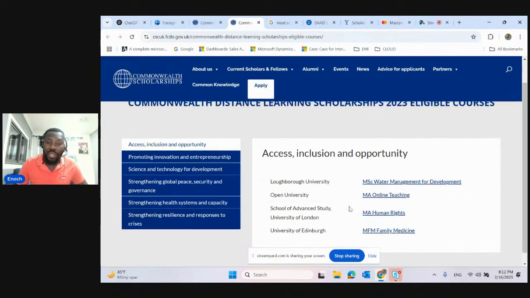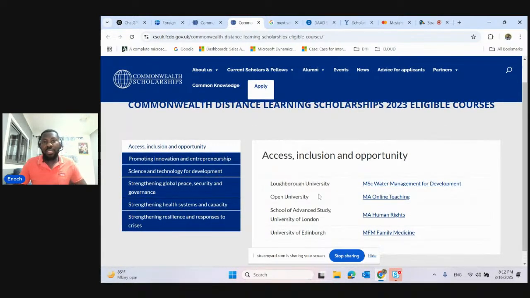There are several of them. If you go to the university site and you look at the specific programs that they offer online, you will see those that are listed to be eligible for the Commonwealth Distance Learning Scholarship.